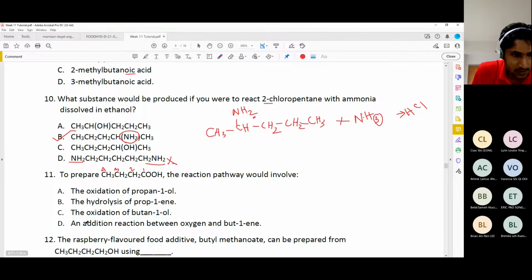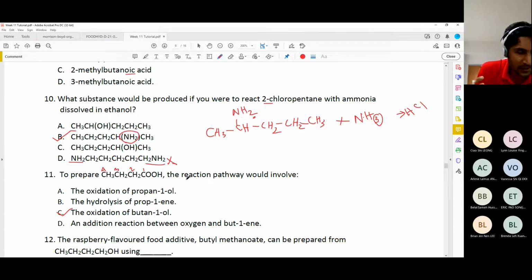No, the oxidation of butane-1-ol, because if propane-1-ol, then there is 1 carbon less, only a 3 carbon chain. But we are not adding any carbon there, so the carbon chain cannot be elongated. The carbon chain that was there, is there.